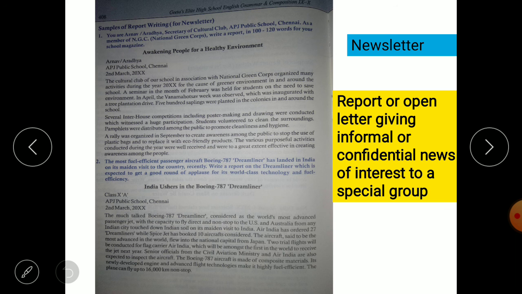Some of the students will ask, what is a newsletter? Newsletters are a kind of report or open letter. We give informal and confidential news about a particular topic of interest to a special group, right? So there is a particular special group, for whose particular information it is. For example, in a letter to the editor I wrote many things, like the roads in our area or the health environment, how we can awaken people. All these things we mention here in newsletters.